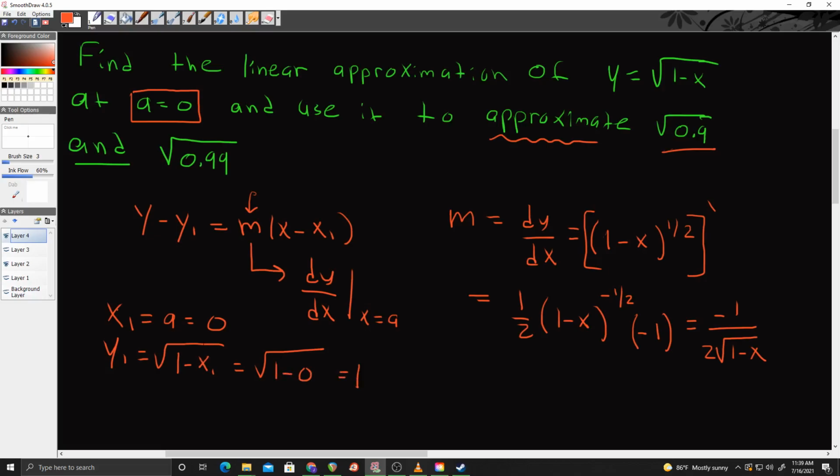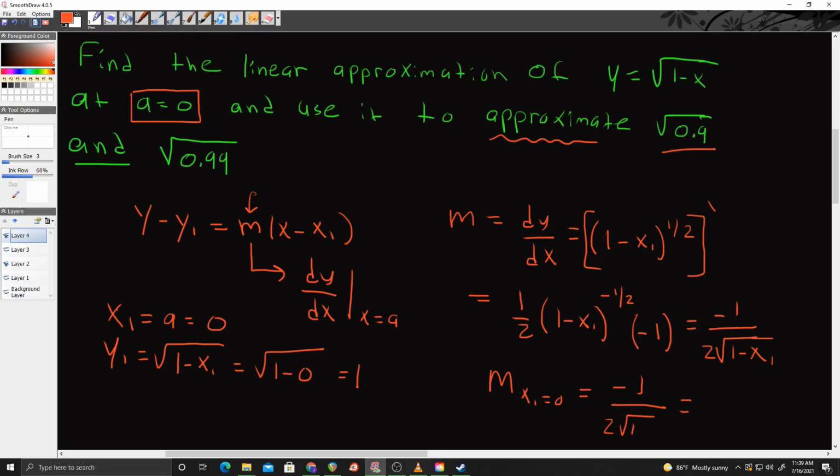Now we have x1, we have y1, and x1 is going to be what goes in here. I'm messing that up there. Again, x1 is going to be 0, so the slope at x1 equals 0 is going to be negative 1 over 2 square root of 1 minus 0.